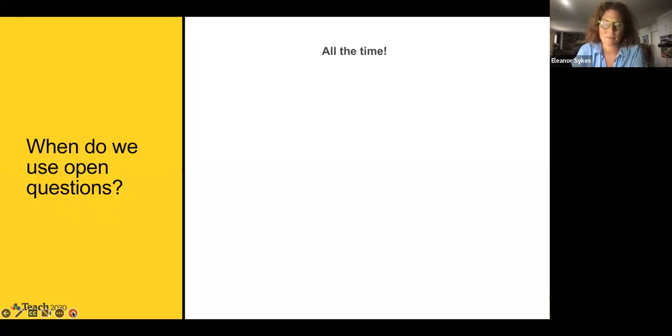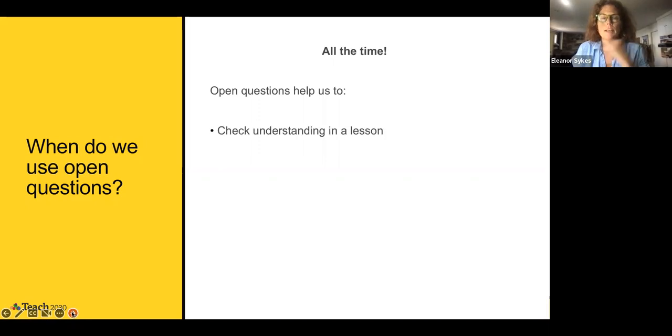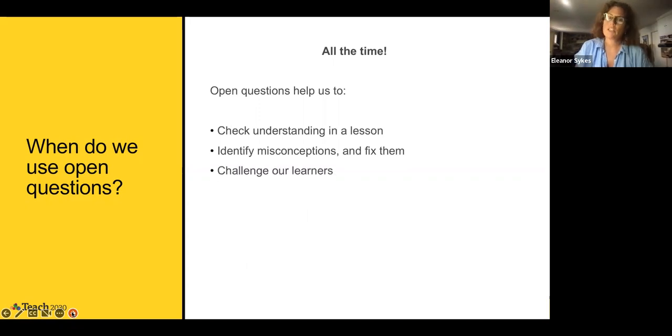For instance, open questions help us to check understanding in a lesson, identify misconceptions in the lesson and fix them, challenge our learners by saying, why do you think that? Can you explain it further?